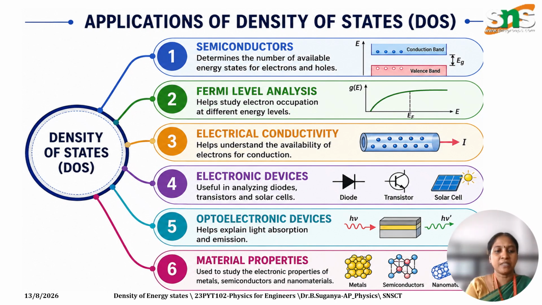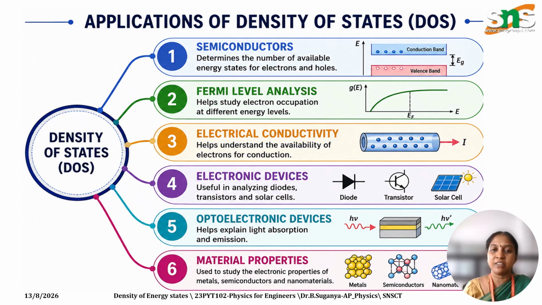What are the applications of density of states? Semiconductors: it determines the number of available energy states for free electrons and holes, and here Eg is the energy gap. Then Fermi level analysis: it is used to study electron occupancy at different energy levels.